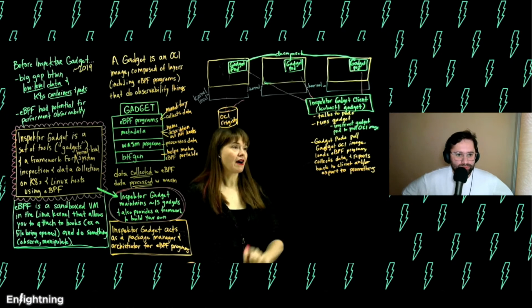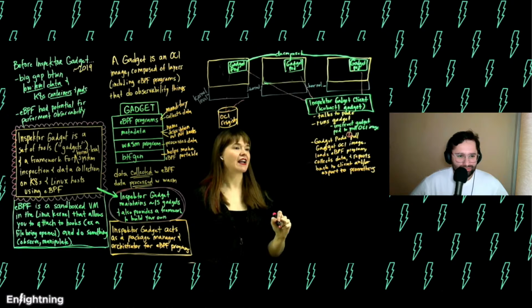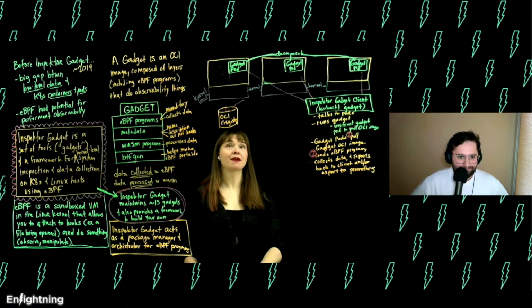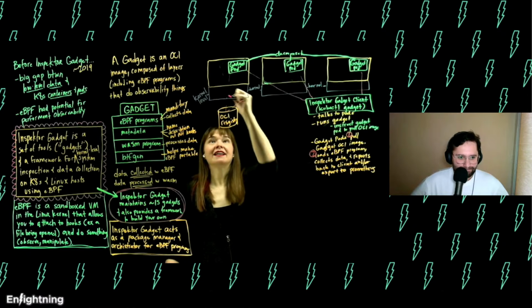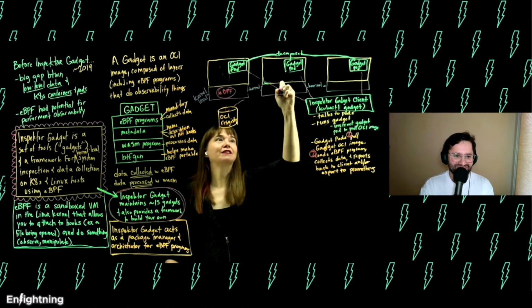So gadget pods: one, pull the gadget OCI image; two, load the eBPF program. eBPF for the win! So now it's running.